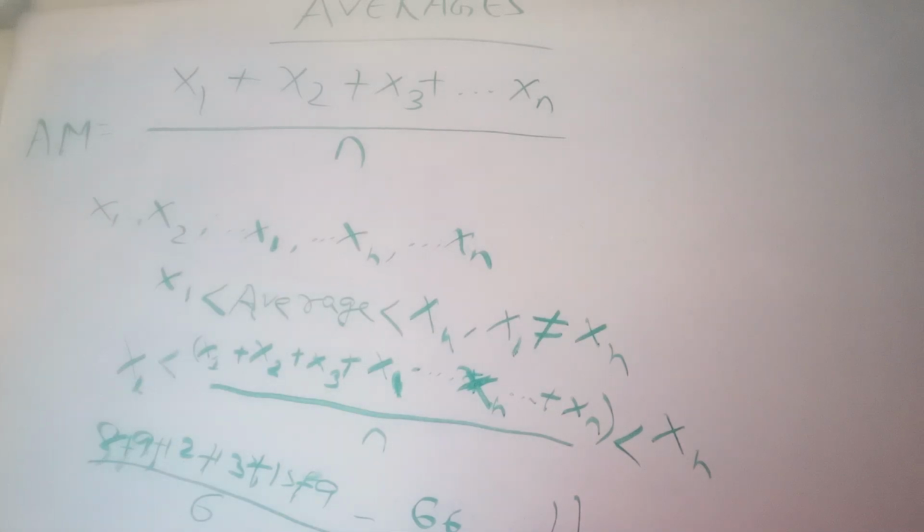Again we will see another question. A has 8 pencils, B has 10 pencils, and C has 15 pencils. Then the average number of pencils with them is how much?